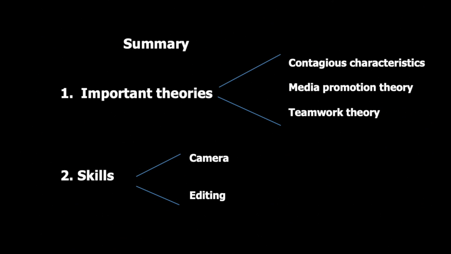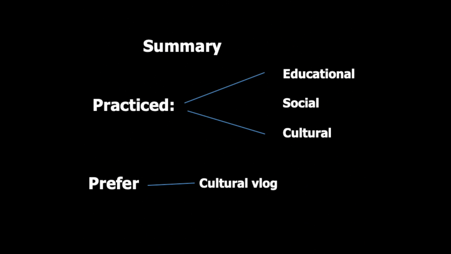Through the learning and practice of this module, my understanding and skills in video making have improved. The theories I think are important for me are contagious characteristics, media promotion theory, and leadership theory. Through editing my videos, I have basically mastered the use of the camera and editing software such as Final Cut and iMovie.